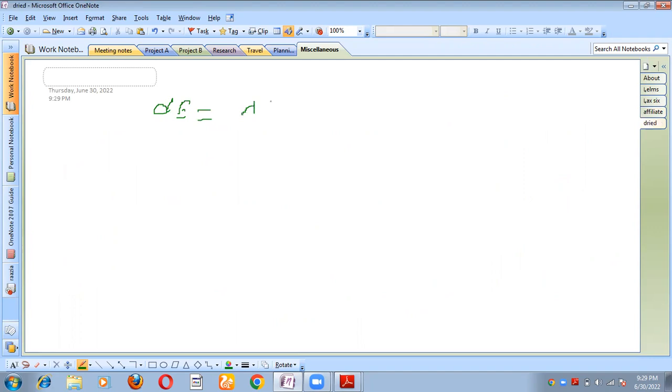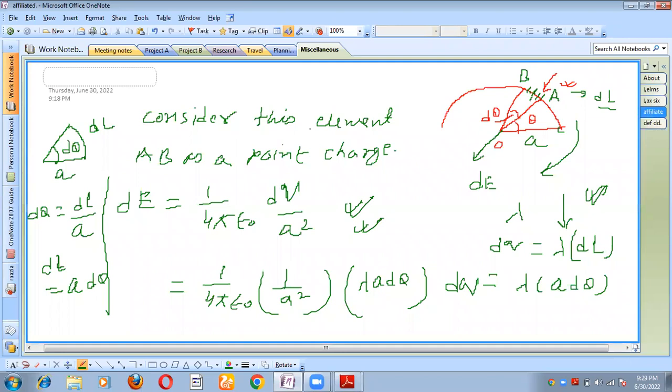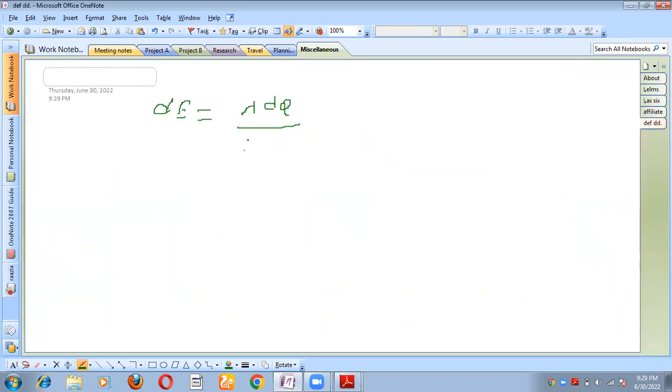We will get lambda d theta by 4 pi epsilon naught a, right? A will be cancelled out. So we will get lambda d theta by 4 pi epsilon naught a, right?